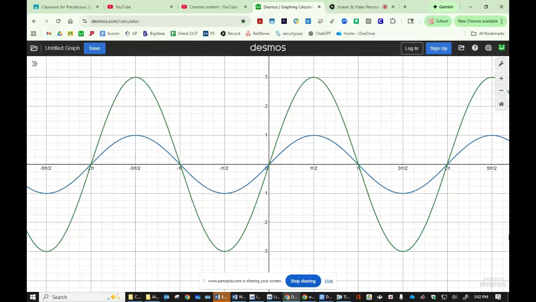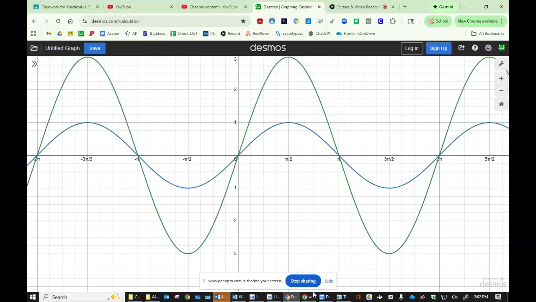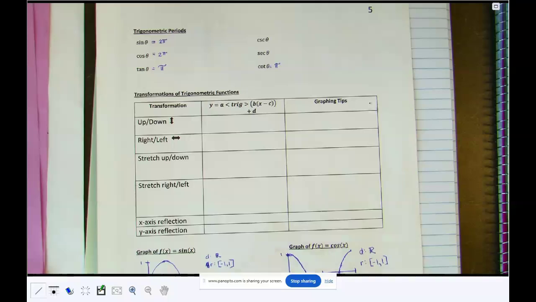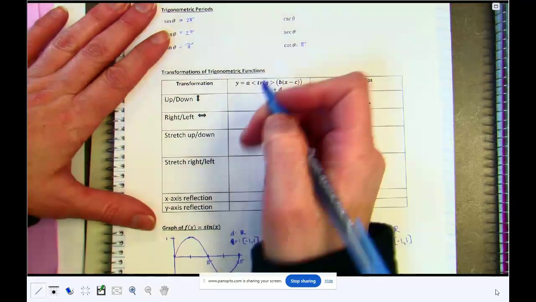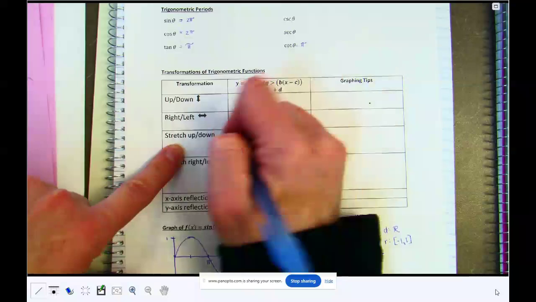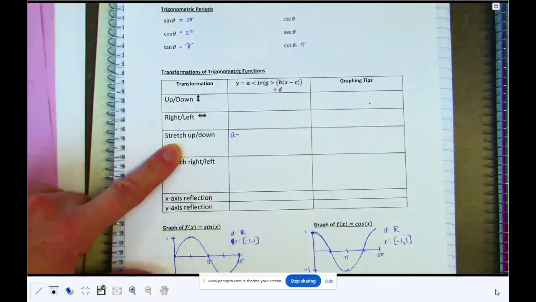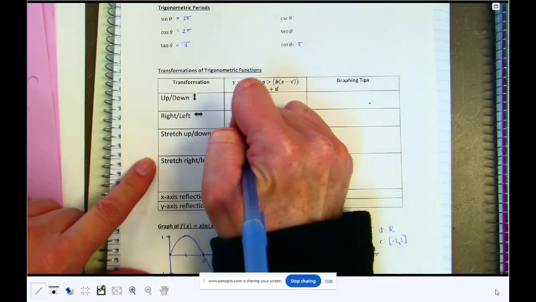Okay, so that A is the first thing we want to write down. Ezra, did you have a question or a notice? Okay, so this is A, and A changes the amplitude.